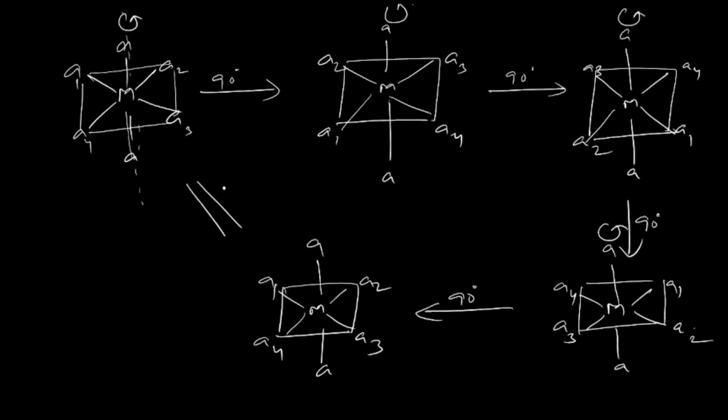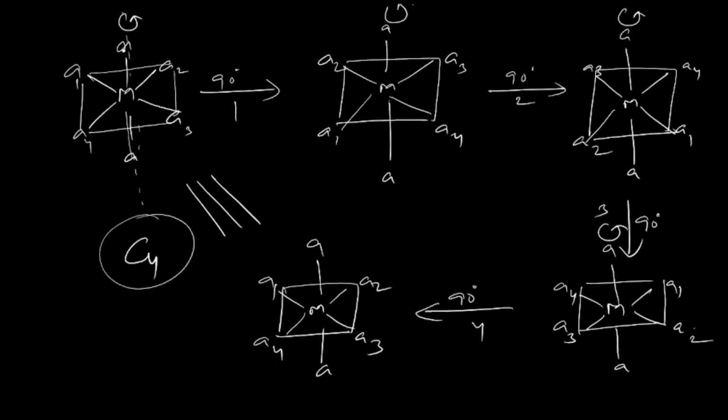Just see, these two are similar. Here A1, here also A1, here A2, here also A2, A3, A3, A4, A4. Everything is similar. So how many rotations have we given? 1, 2, 3, 4. Total 4 rotations. So we can say this molecule has a C4 principal axis.